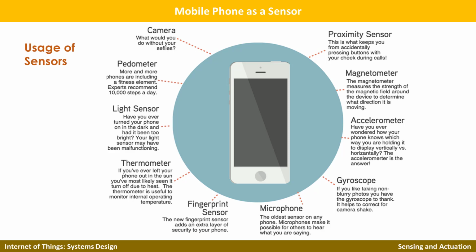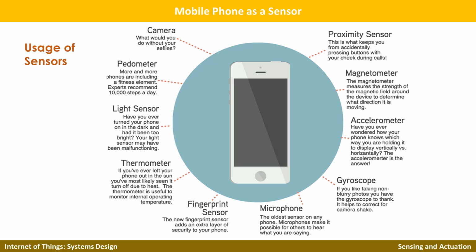The microphone is the basic sensor which has been there from the beginning of smartphones, which allows you to communicate. A fingerprint sensor helps you add more security, but increasingly they are sometimes used for health monitoring as well, to measure your blood pressure.